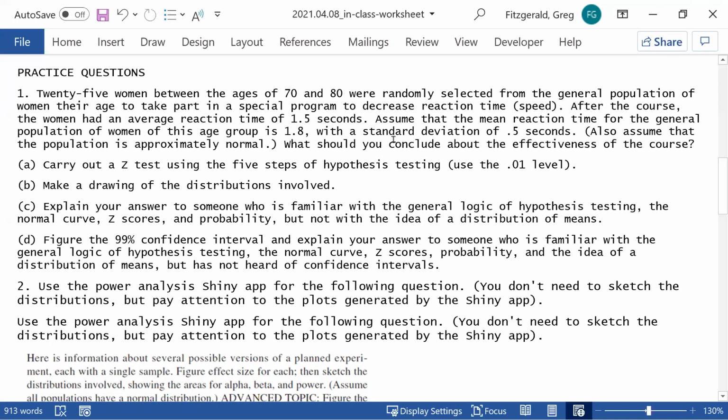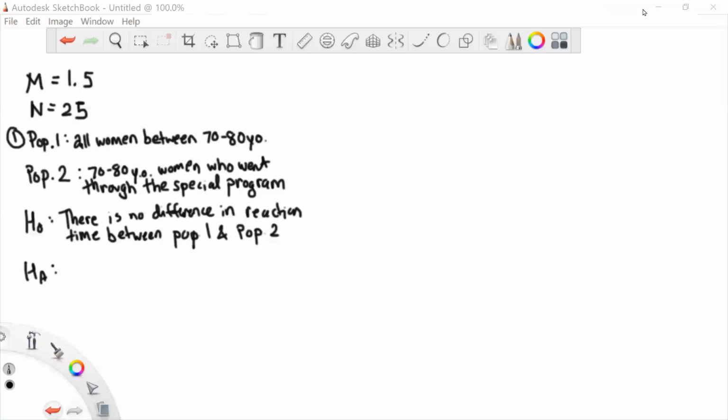Yep. Perfect. I'm going to amend that a little bit. So instead of saying the program decreased time, say that the mean reaction time for population 2 will be less than population 1. They're saying the same things, but stating it in terms of population means is going to be how we ultimately do the comparison.